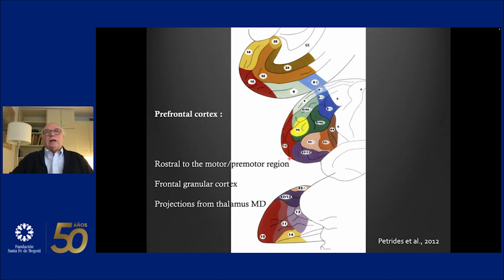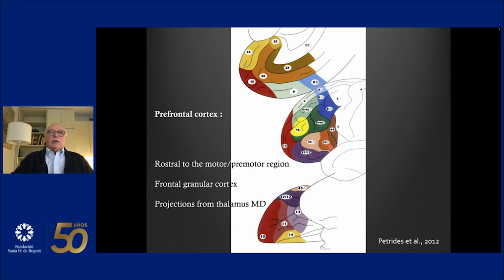So the prefrontal cortex is, you see, rostral to the premotor and motor region, as shown by Jorge. This is the motor cortex, and this is the premotor regions of area 6. And what we call we have the precentral premotor, and what we call the prefrontal cortex is this big, huge part of the frontal lobe, which is rostral to the premotor.